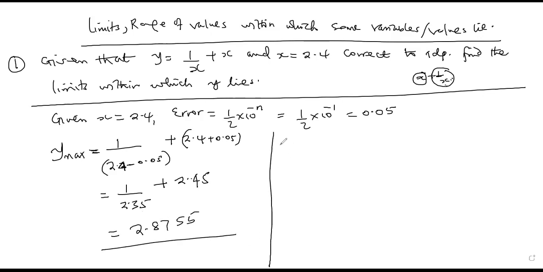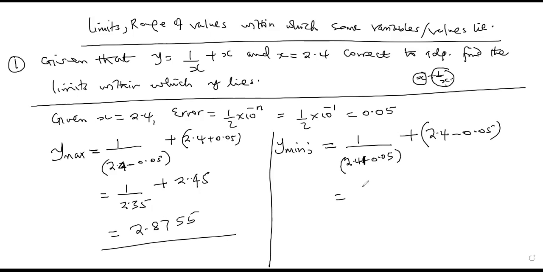Then we get y minimum. Now to get the minimum value, we shall minimize x, and this one will be 1 over maximum, so that gives us a very small value. So y minimum is equal to 1 over 2.4 plus 0.05, then of course plus 2.4 minus 0.05.